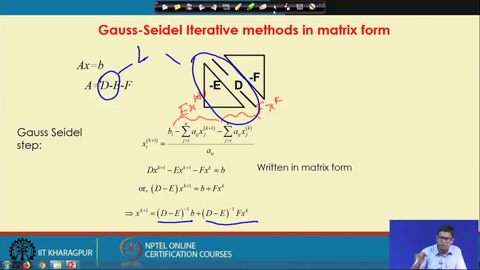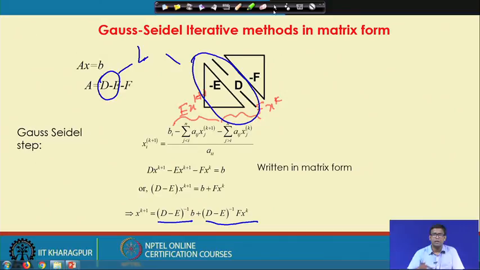So, we will try to look into the general form, and this is important because the properties of these iterative steps, which will determine how fast they converge or what the restrictions on their convergence are, will come through looking into these matrices. This is related to the properties of this matrix, because right now this is a matrix inversion problem.